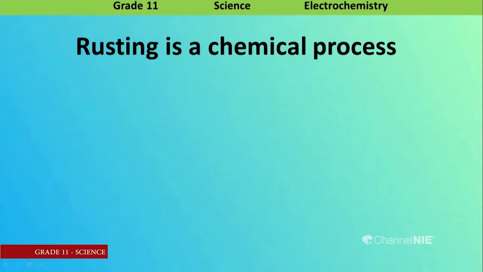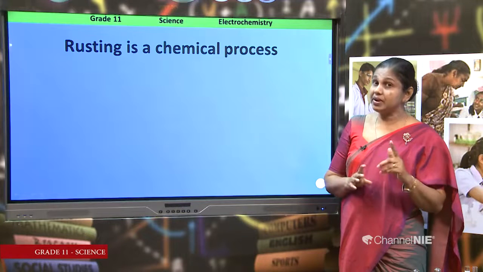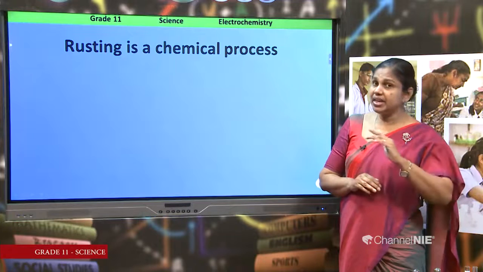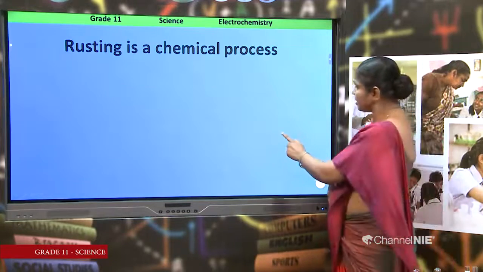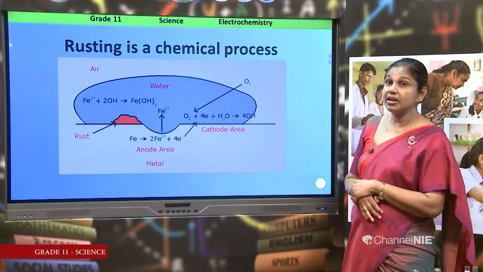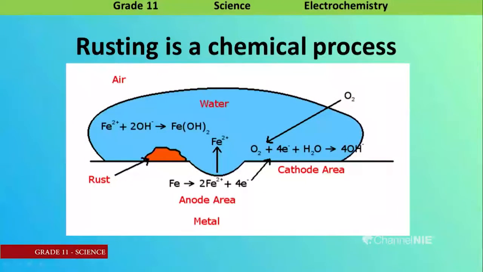Then, let me explain what really happens during rusting, right? Children, remember, rusting is a chemical process. There is a series of chemical reactions in rusting, okay? These are the reactions that occur on the iron surface when rusting. See, suppose this is an iron material, an iron-made thing, and this is a water drop, an enlarged water drop.